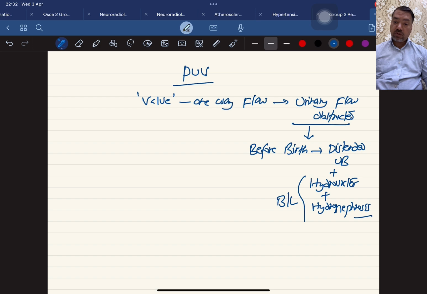So even before the birth of the baby, we can sometimes diagnose posterior urethral valve, if it is a very severe one. If not, then it can be diagnosed after the birth.